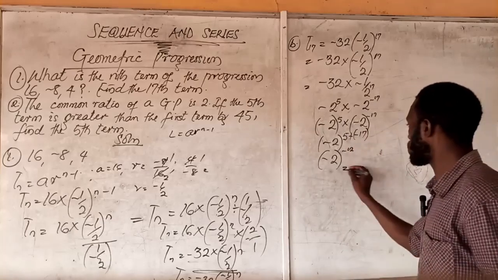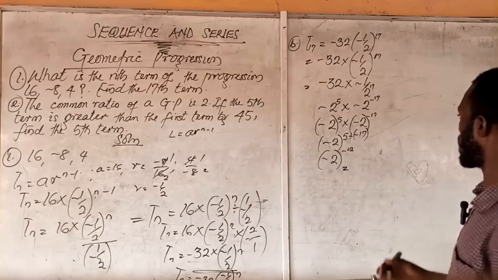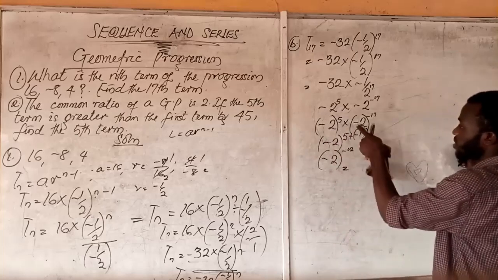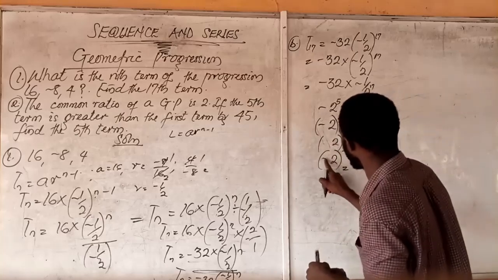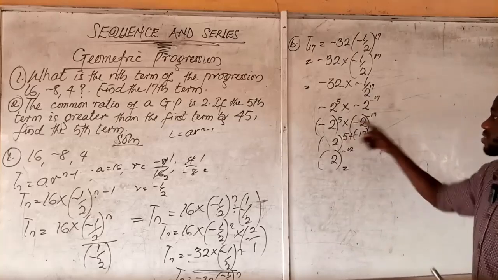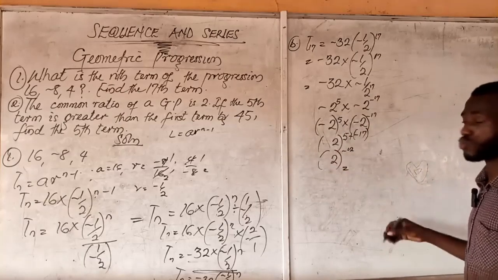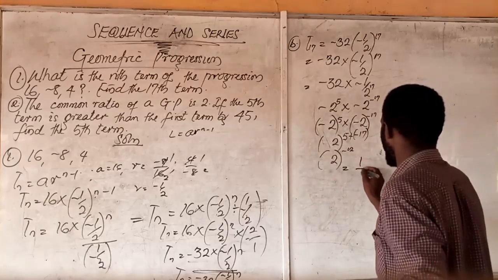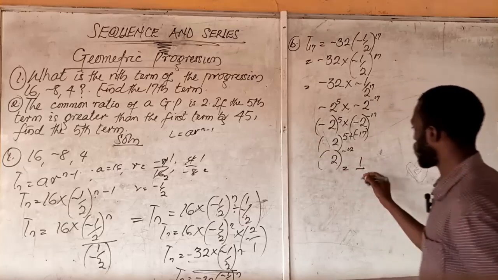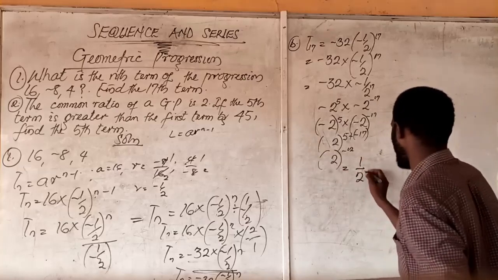Now, minus times minus is going to give us plus. So we have just 2 raised to the minus 12, and our answer is going to be 1 over 2 raised to the power 12.